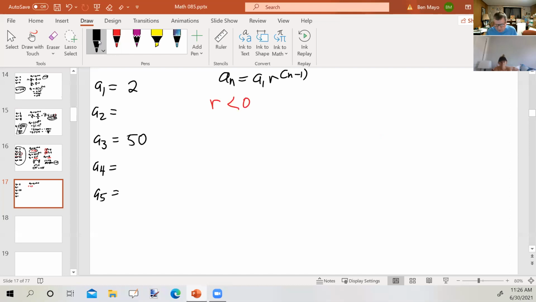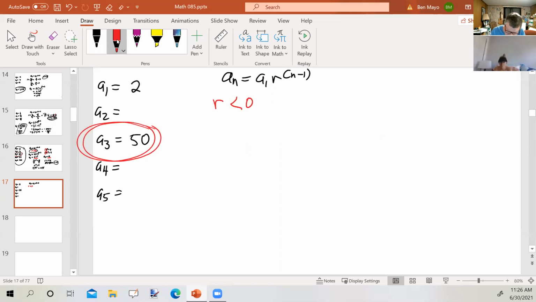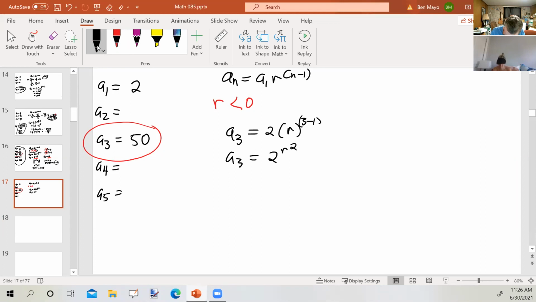All right. We're going to do the same process we did on the previous problem. We're going to take the fact that a sub 3 equals 50, and we're going to say a sub 3 equals a sub 1 times r to the 3 minus 1 power. A sub 3 equals 2r squared. Oops, I didn't write that correctly.